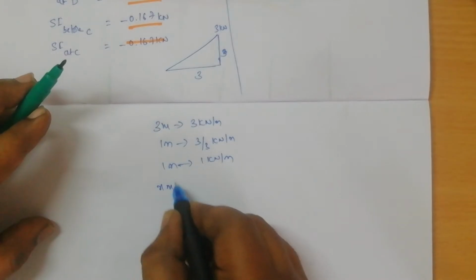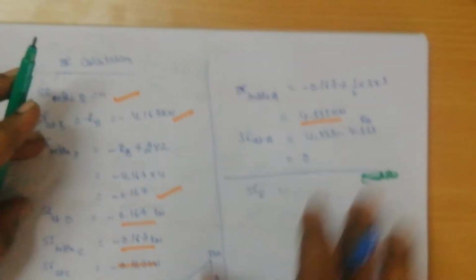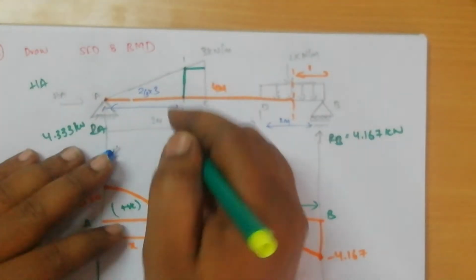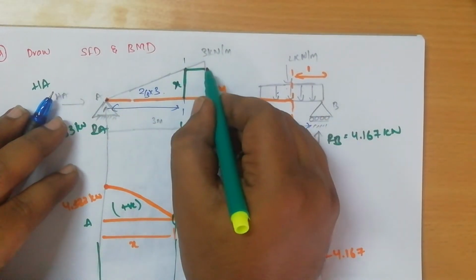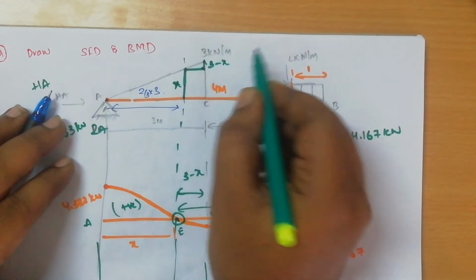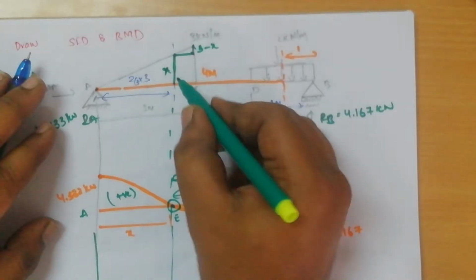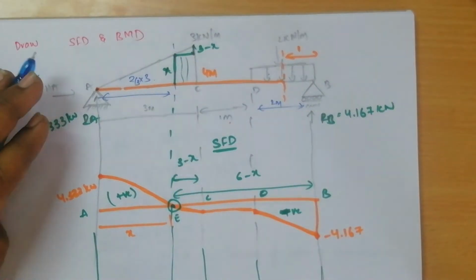For x meters, it will be x kilonewton per meter, so the height of this will be equal to x. If this is x, what will be the remaining height? The remaining height is 3 minus x, correct? So this will behave as a UDL and this will behave as a UVL.